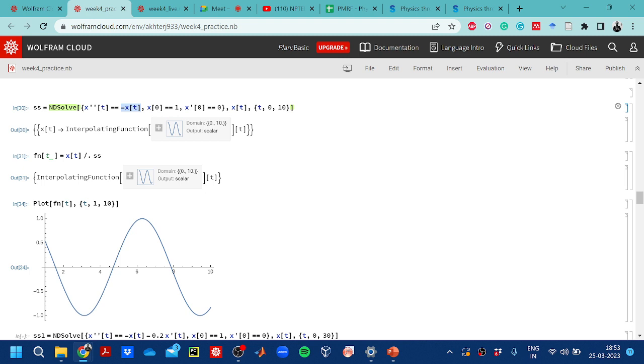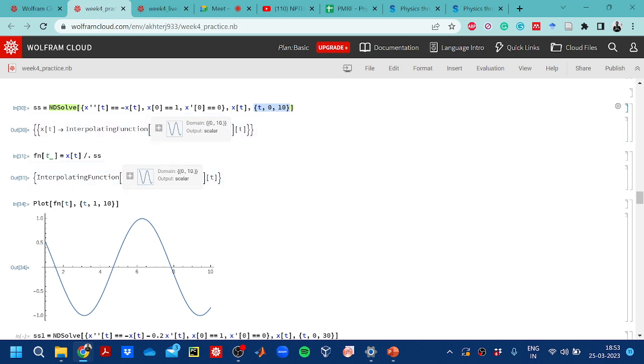And here we have two initial conditions. This is our first initial condition and this is our second initial condition, and after that we have to specify what our dependent variable is. We want to know the functional form of x, so that is why we write down x here, and this is our dependent variable.